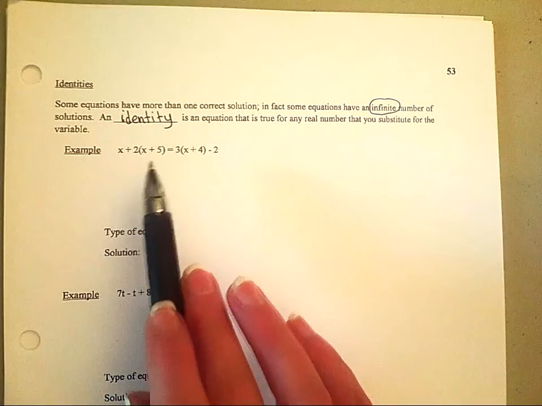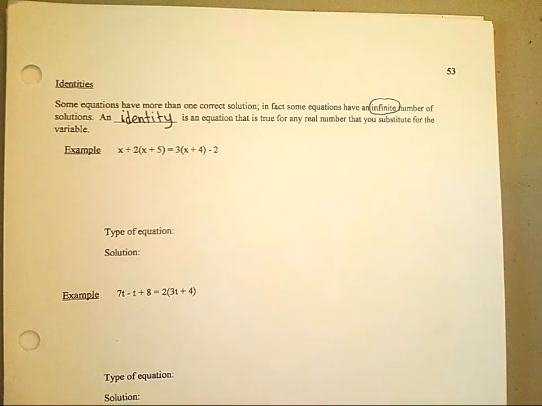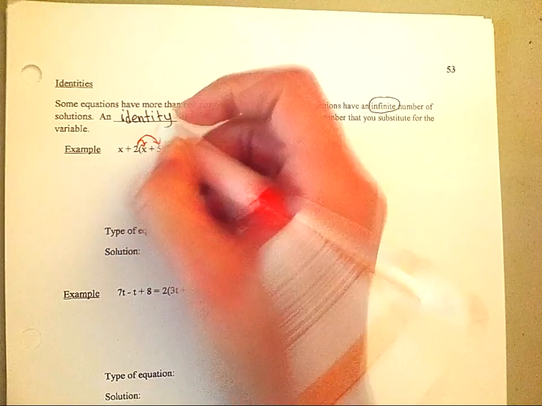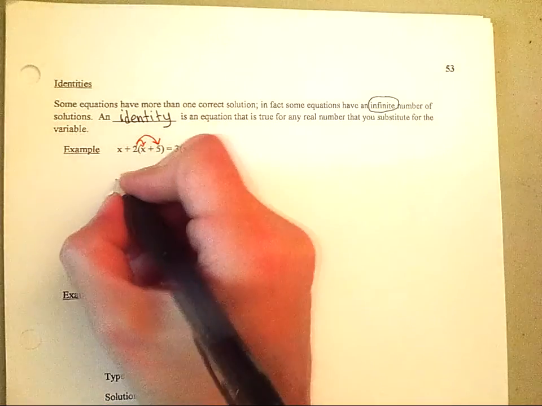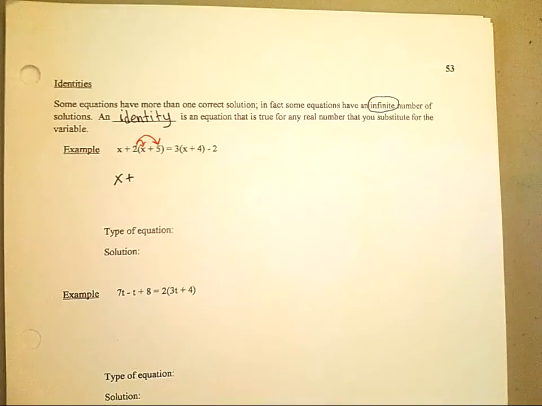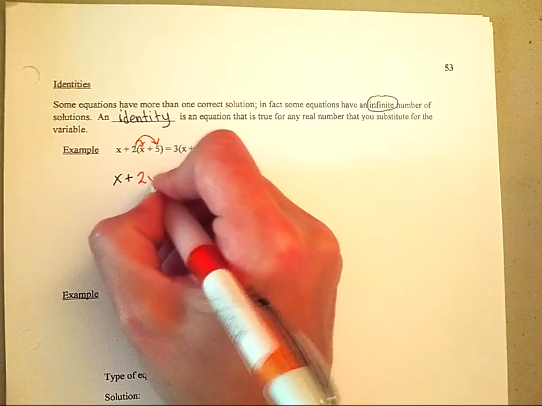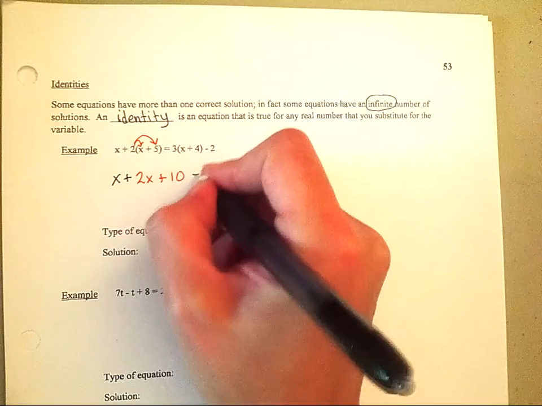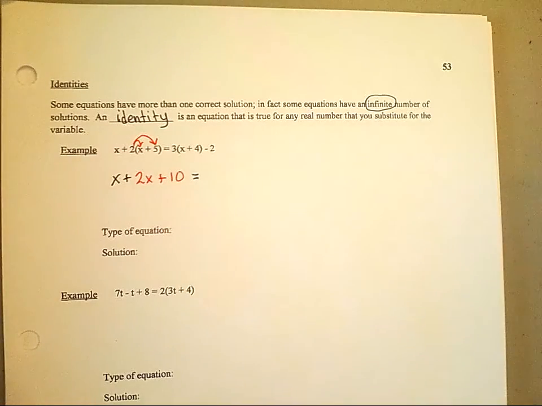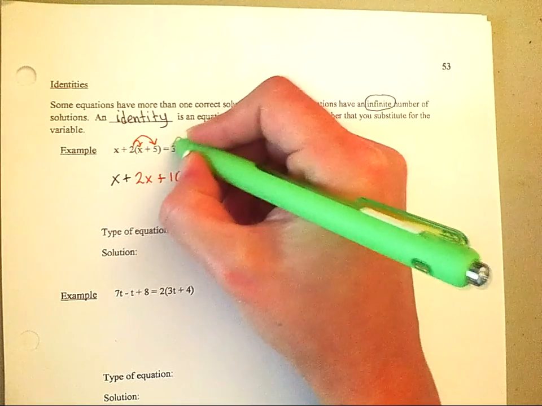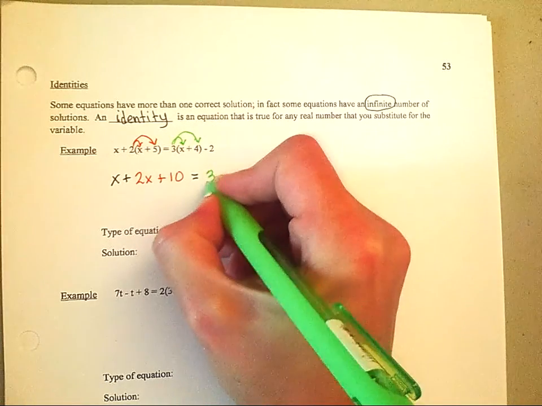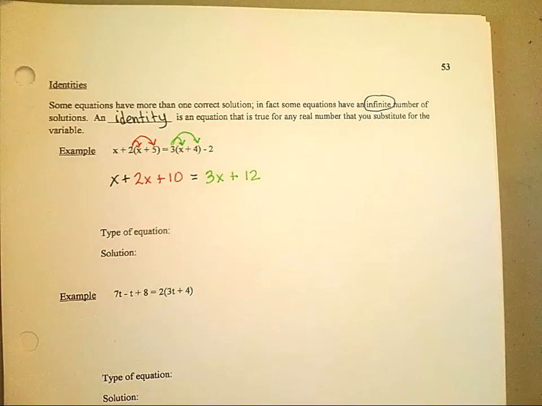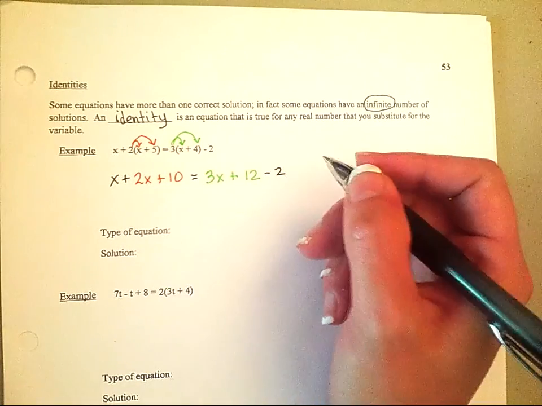Okay. So here's an example and let's see what will happen. Again, let's simplify on the left and right hand side. Distribute the 3. 3x is plus 12, and then the minus 2.